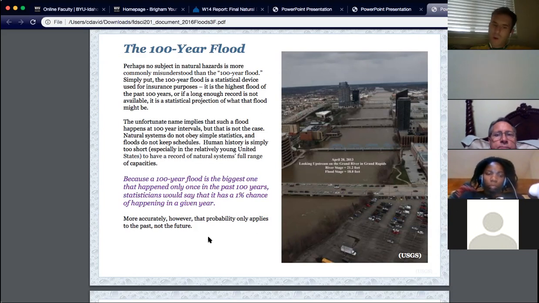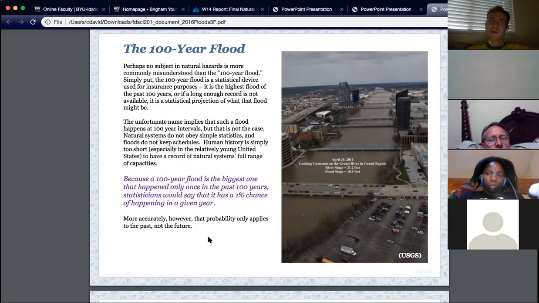It says, because a 100-year flood is the biggest one that happened only once in the past 100 years, statisticians would say that it has a 1% chance of happening in a given year. So what they're saying is when you live in a 100-year floodplain, statistically there's only a 1% chance that a flood of that scale will happen where you live that year.